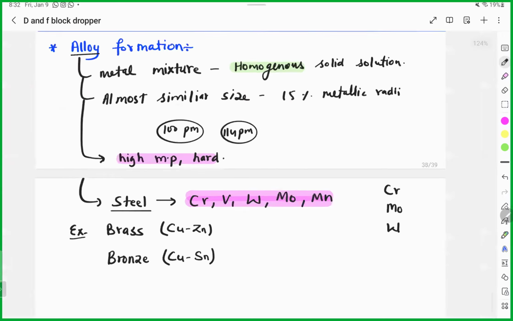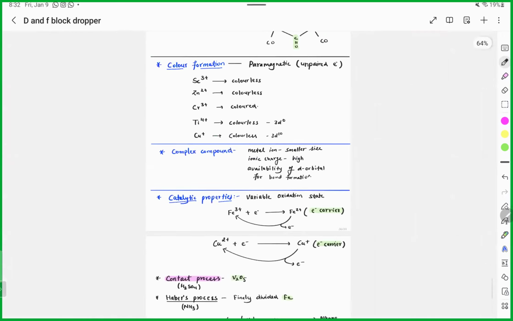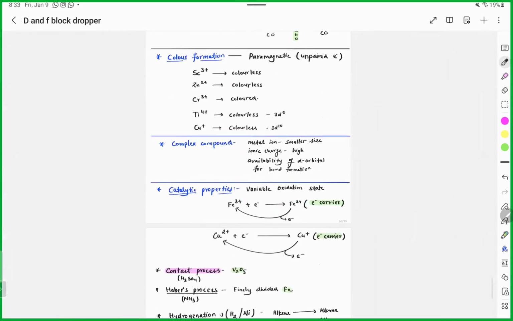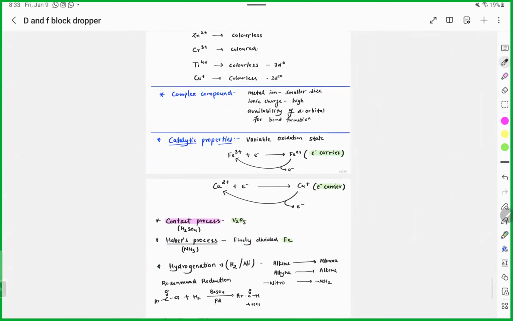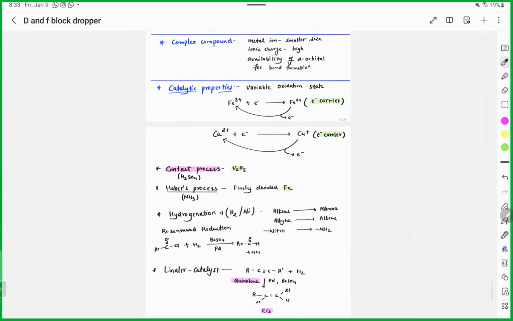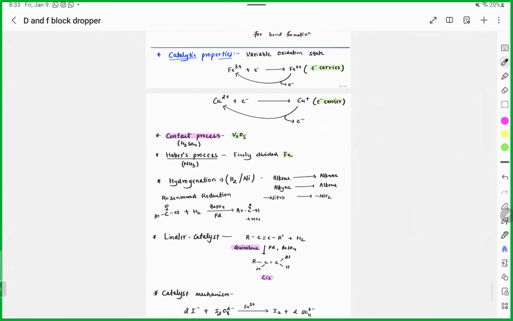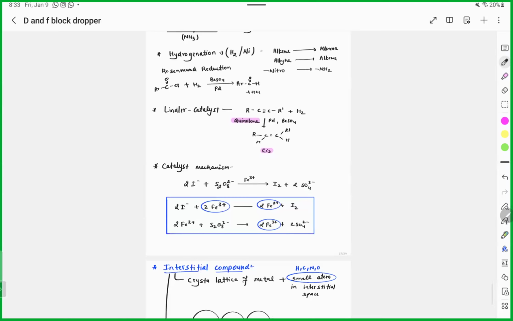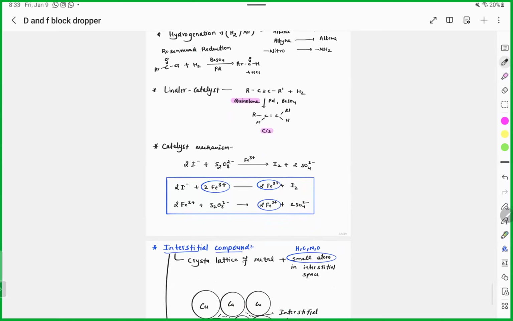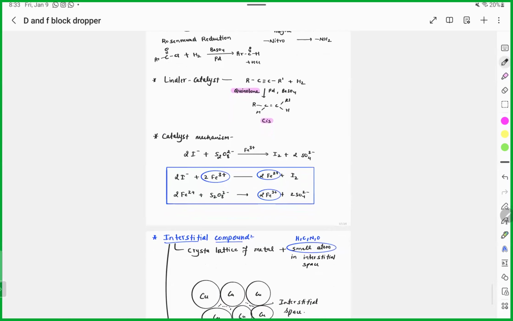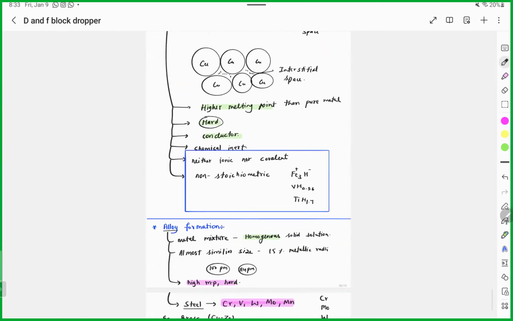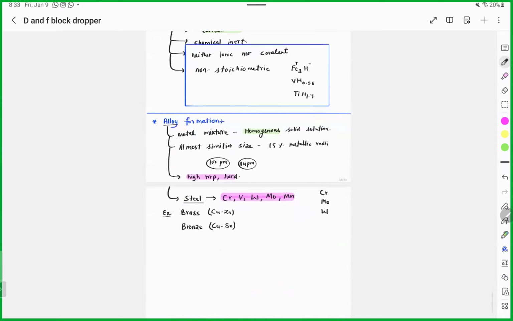Are we done with everything in the d and f block? Anything we left from this chapter? Anything we left? Did I leave anyone?